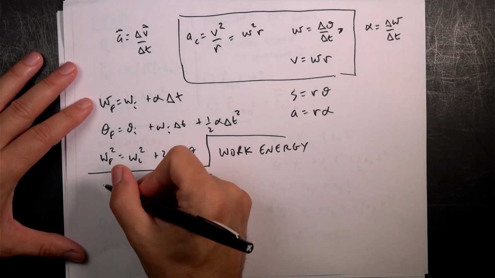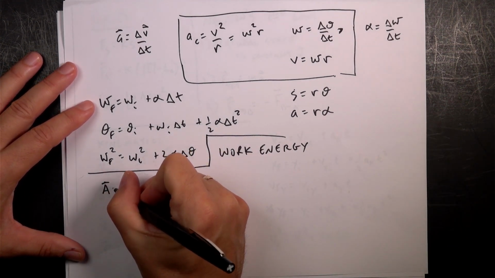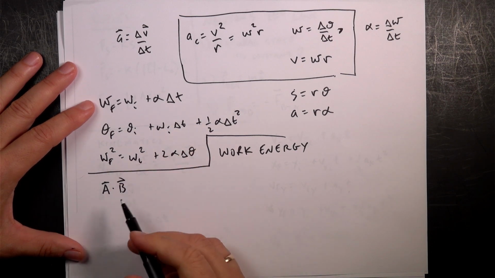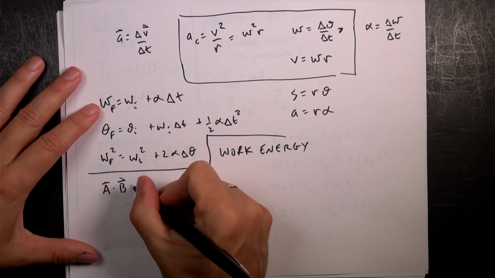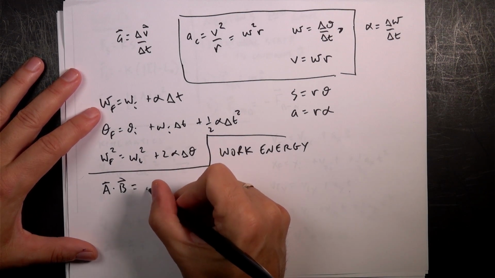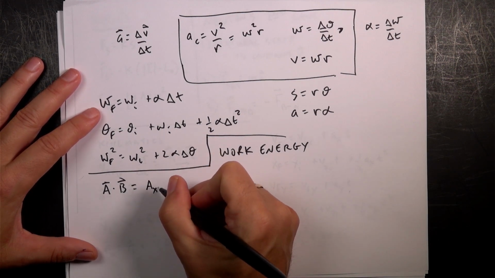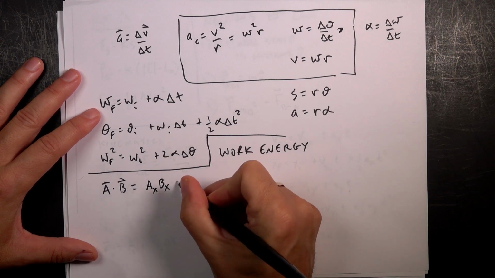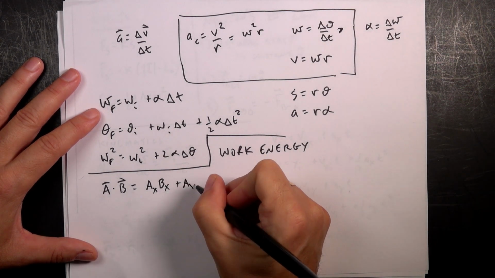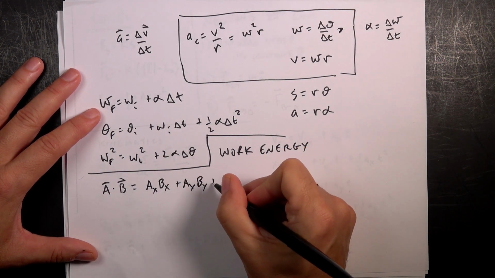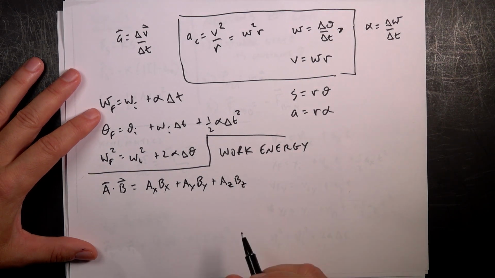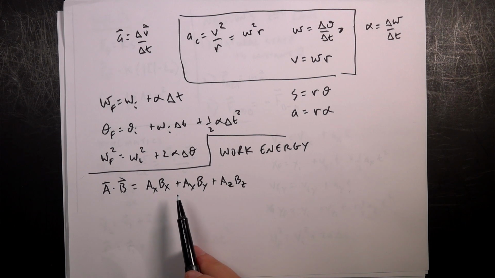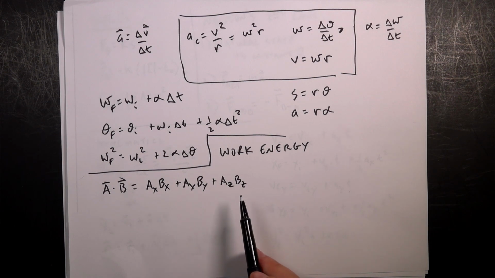But imagine I have two vectors, A and B. I can define a vector operation called the dot product, A dot B, that is equal to the x component of A times the x component of B plus the y component of A times the y component of B plus the z component of A times the z component of B. So you take the components, multiply them together, and then you add those up, and that is the dot product.